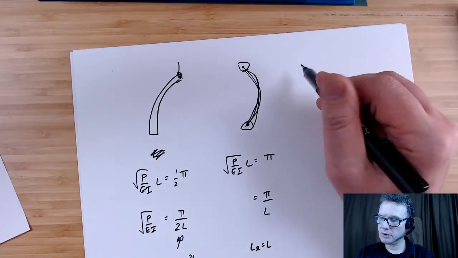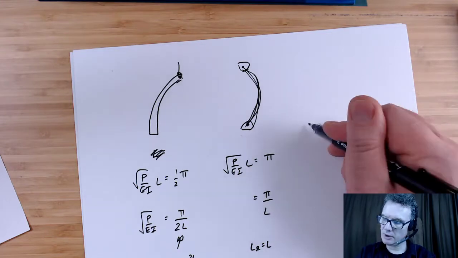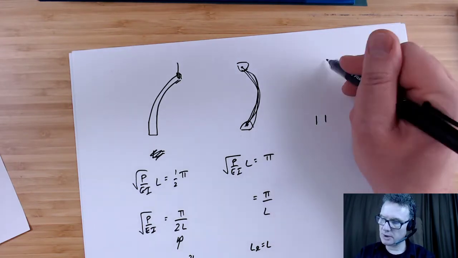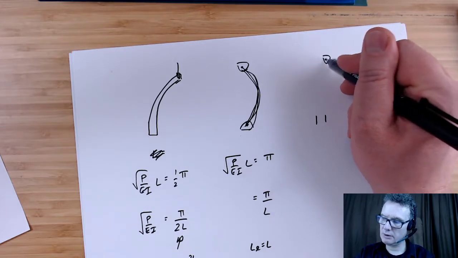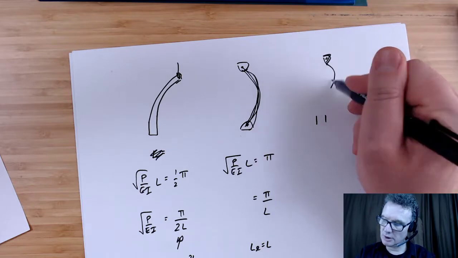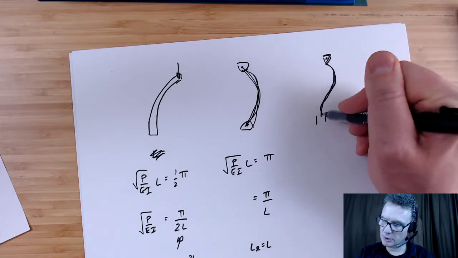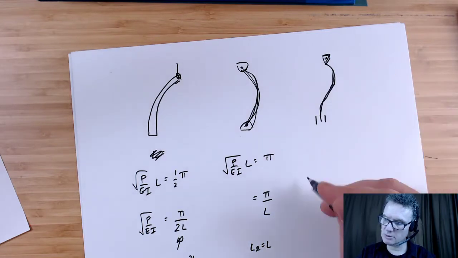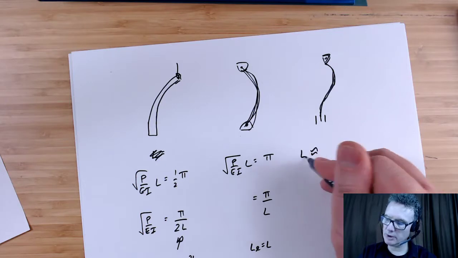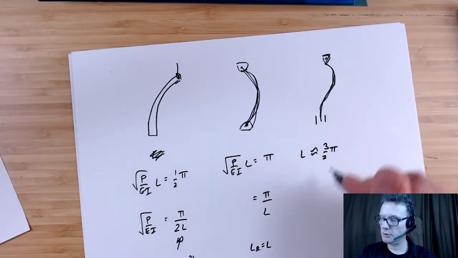And what about the next case, which was where I've kind of fixed the bottom, and I'm now applying a load here, and we're going to imagine that we get some kind of half buckle, and then it goes as flat as possible. And that one, that's a bit more approximate. We've got L equals 3/2 pi.